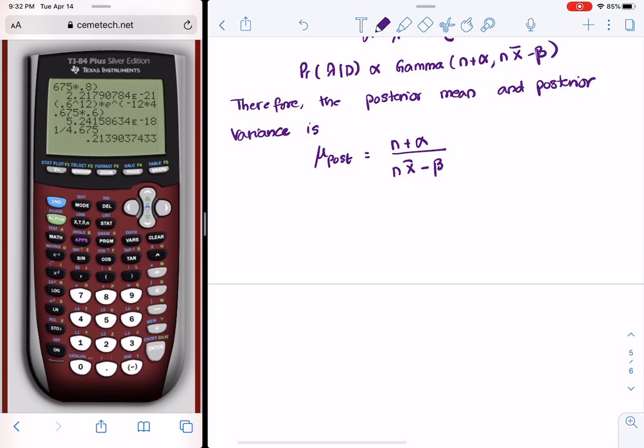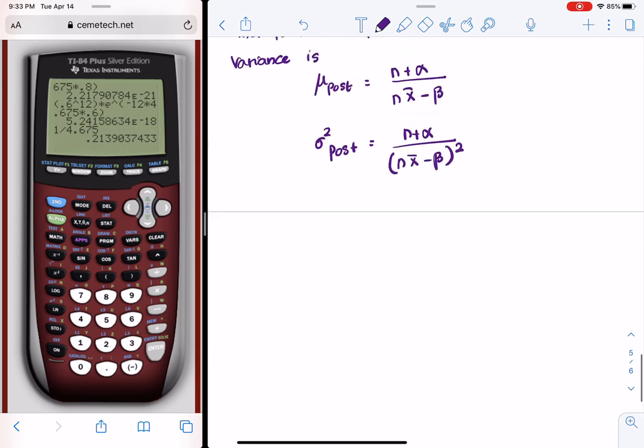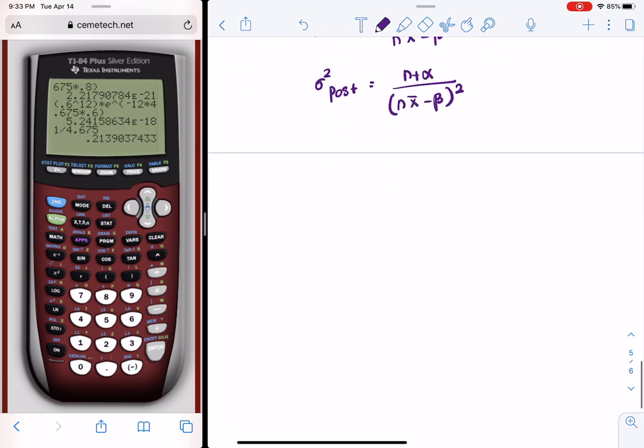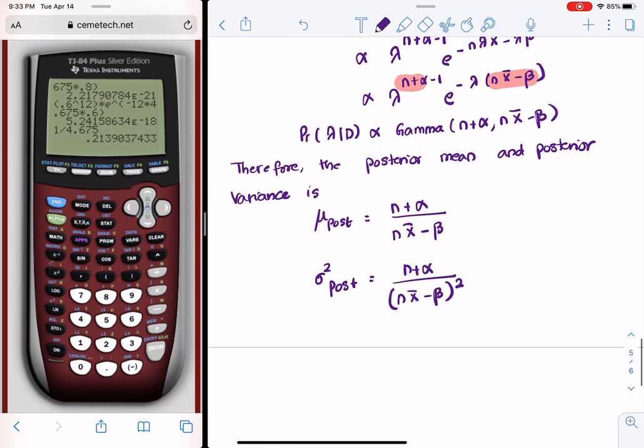And the variance would be alpha over beta squared. So that is our final answer.